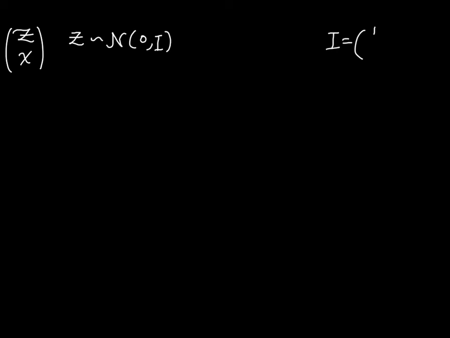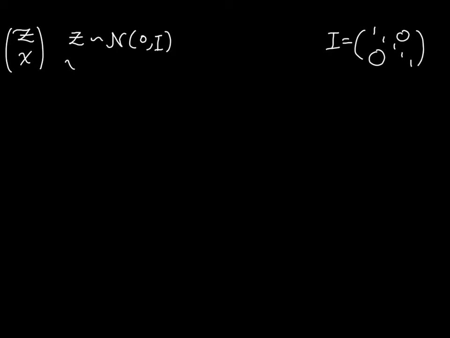Okay, so let's move on to our factor analysis model. It's kind of similar to what we just said with x1 and x2. We have these z variables and these x variables in a vector. z belongs to a normal distribution of 0 and I, the identity matrix, which looks like 1s on the diagonal and 0s elsewhere.